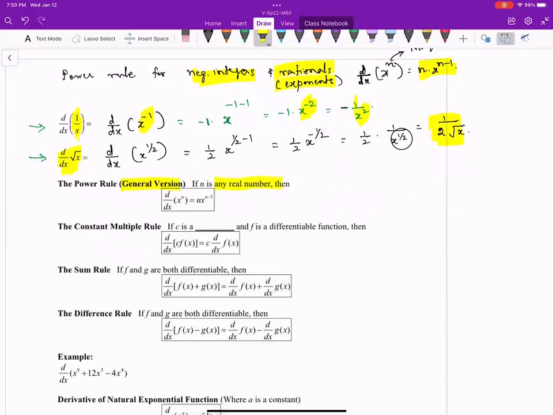Next, let's see different types of functions. The constant multiple of a function. If c is a constant and f is a differentiable function, then d by dx of c f of x is c times the derivative of f of x. What we do is move the c outside of the derivative.